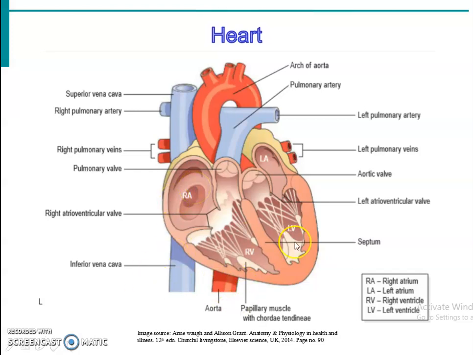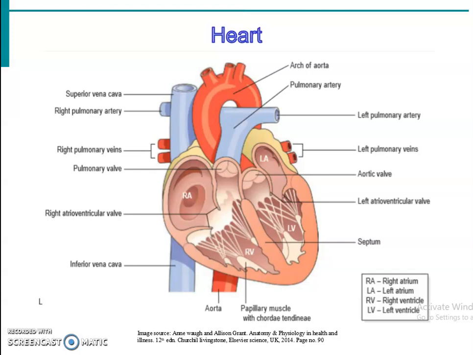Then coming to the right ventricle, the pulmonary artery, this part is called the pulmonary trunk, is connected to the right ventricle. Once the right ventricle pumps the blood, this pulmonary artery carries this deoxygenated blood towards the lungs.